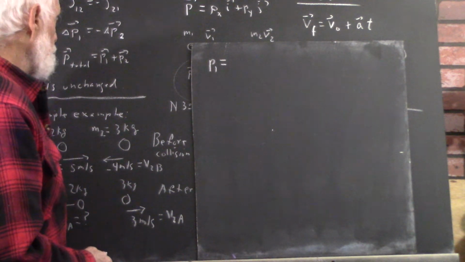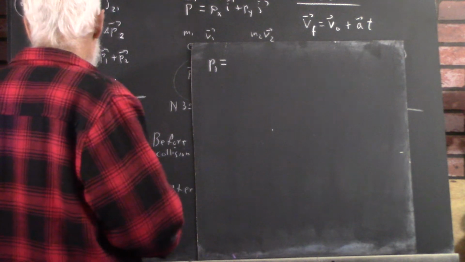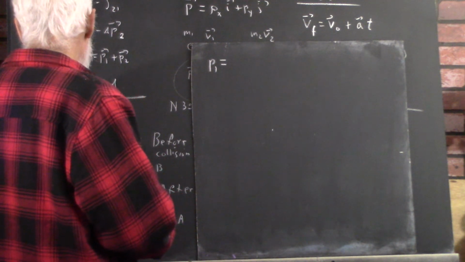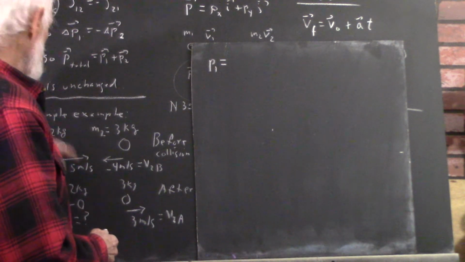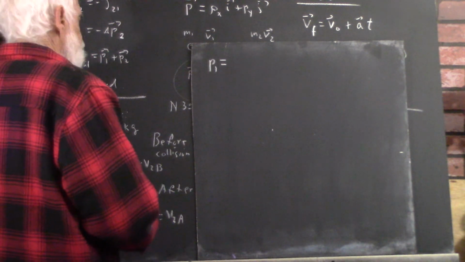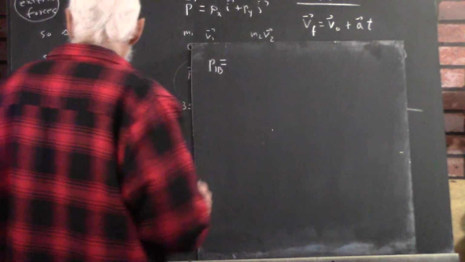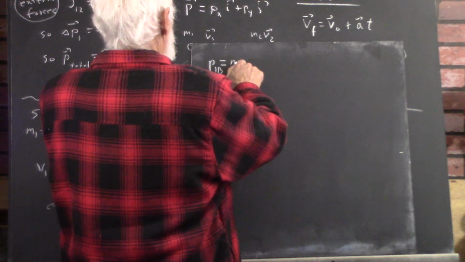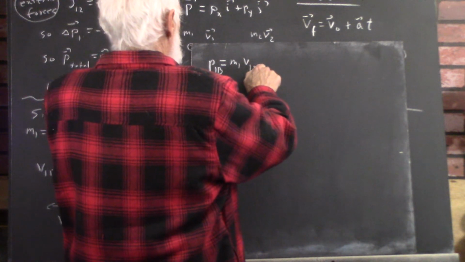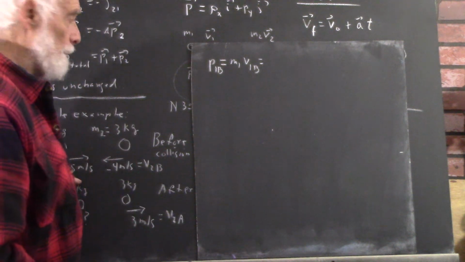Okay, so P1 before equals M1 V1B, which equals 2 kilograms times 5 meters per second.